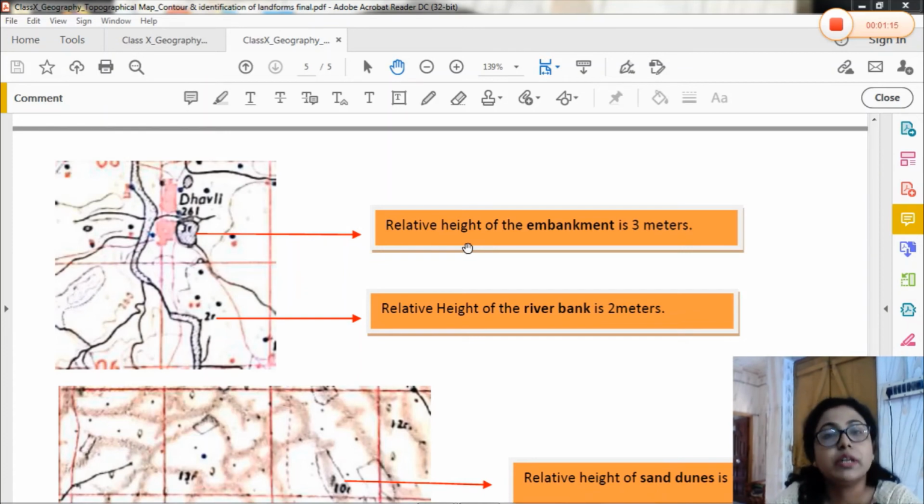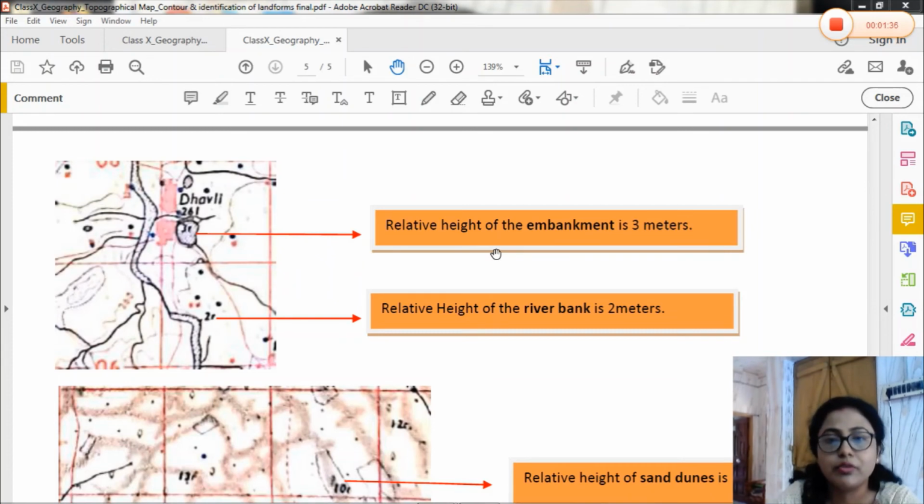But if it is written in blue color, then it will be the relative depth of that feature. I repeat, black color shows the relative height of that feature, and blue shows the relative depth of that feature.